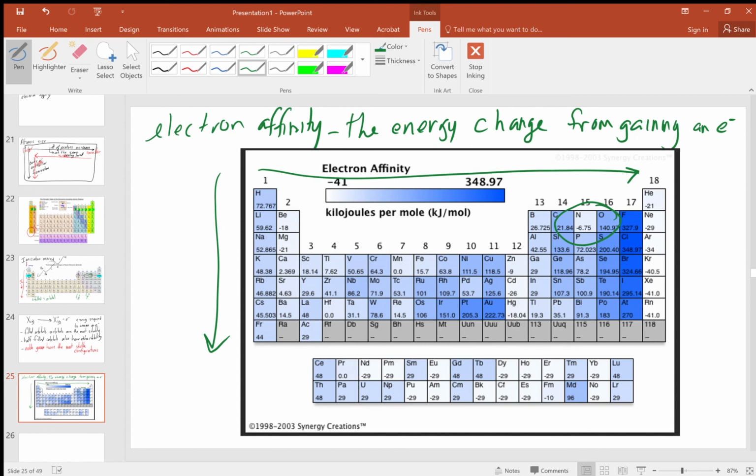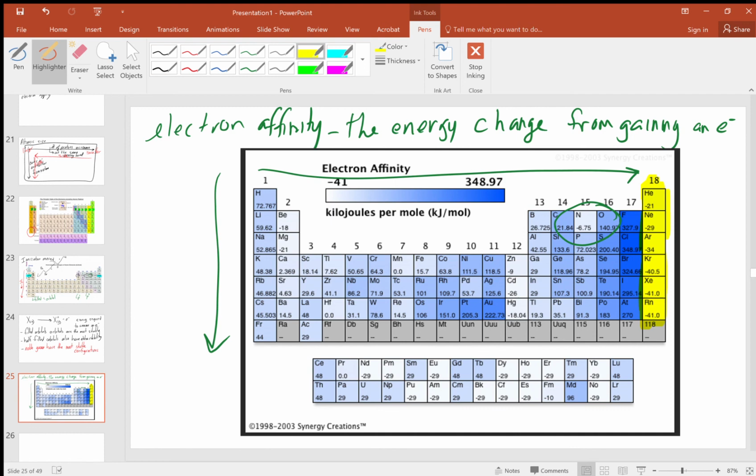Electron affinity is the exact opposite trend from ionization energy, with one major exception. And that's the noble gases.